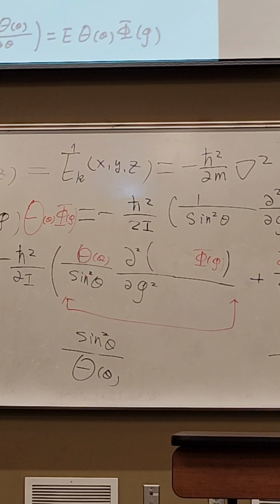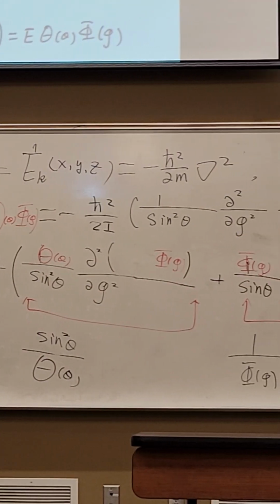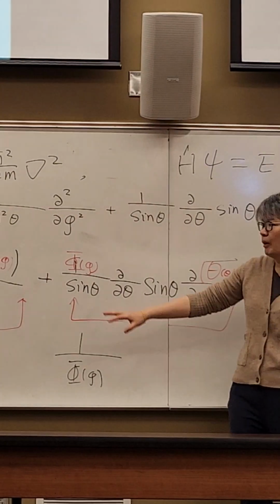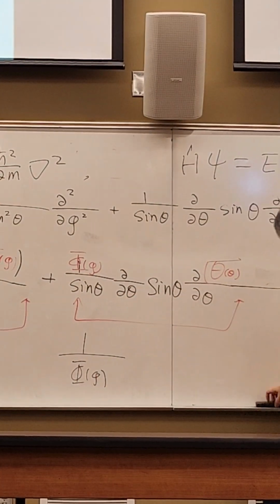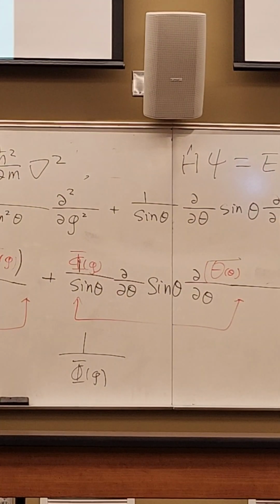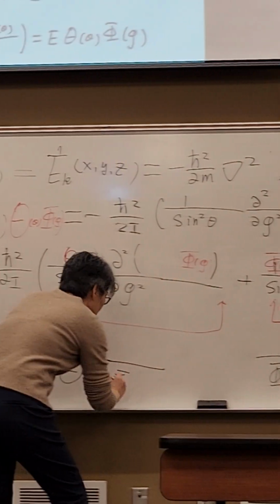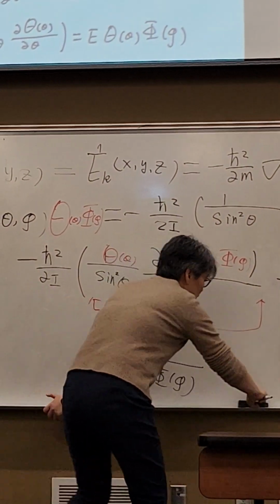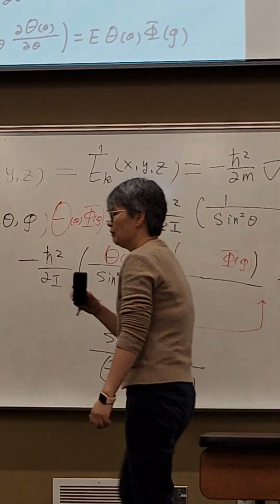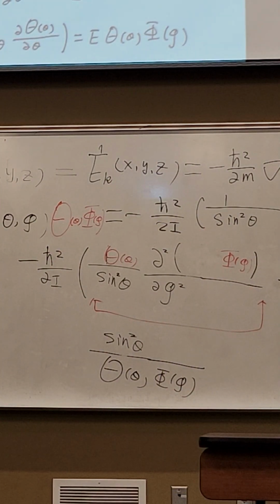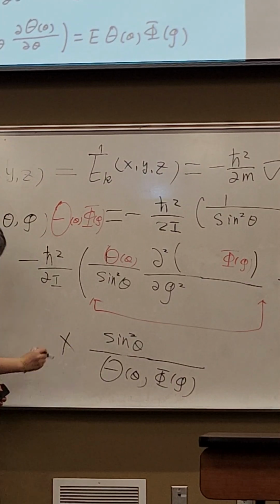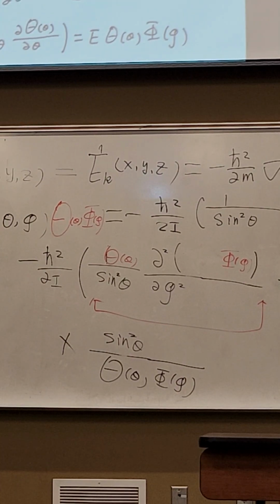Great job, guys. Now I have to consider both this component and this component. So what do I need to do? I need to multiply the above expression by this term, and I will get what I want.